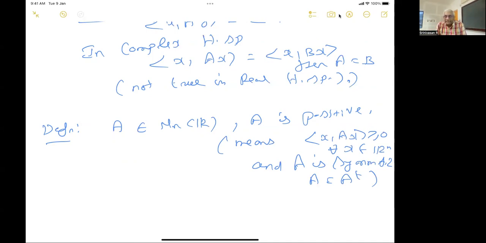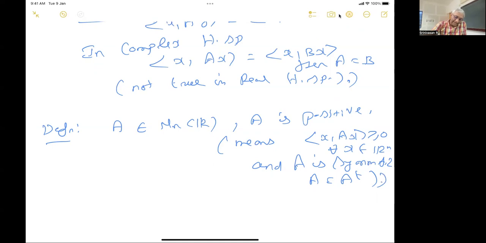In complex Hilbert spaces, if it satisfies the positivity condition, it's automatically self-adjoint. Here it's not true, because the inner product is always real, so you need the condition A equals A transpose. So this is what positivity means.